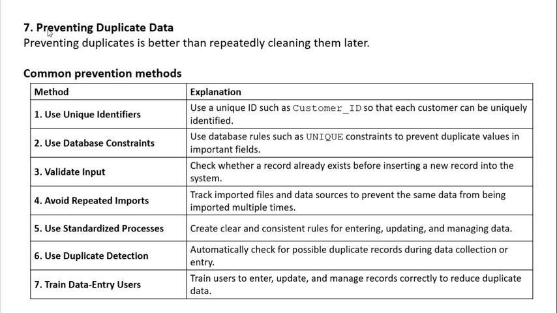Seventh is preventing duplicate data, as preventing duplicates is better than repeatedly cleaning them later. Common prevention methods: first, use unique identifiers, such as customer_ID, so that customers can be uniquely identified.